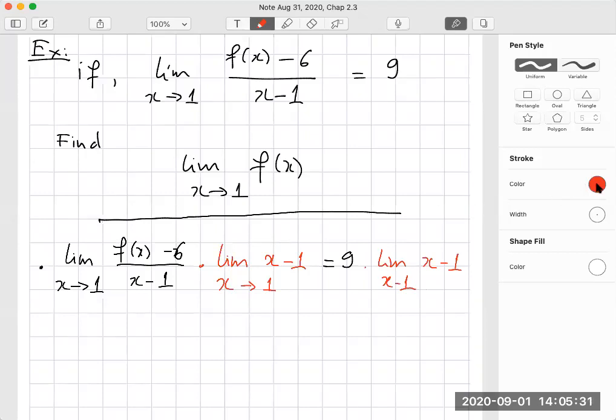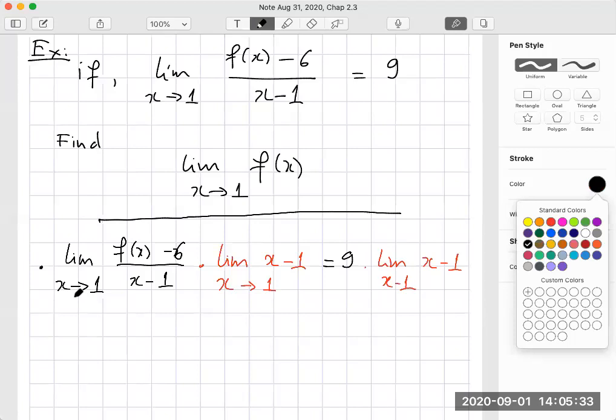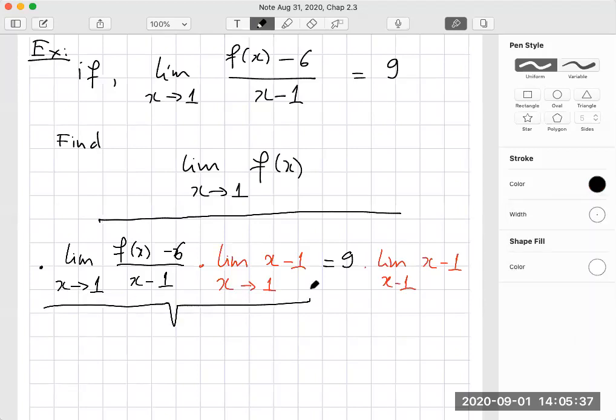Then look at this. From this, we reverse the product rule and see what we have. The right-hand side becomes 0, right?